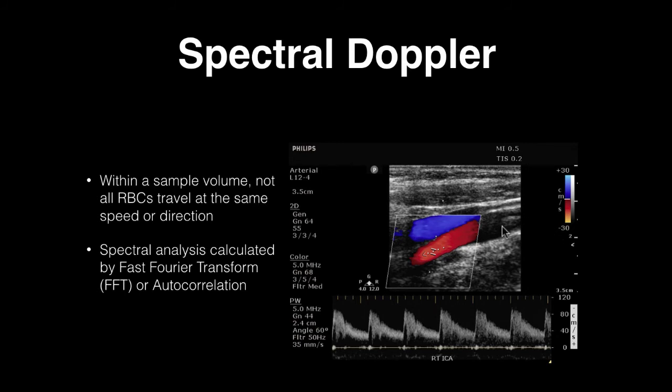Now if you look at this image here, this is referred to as a duplex image because you have both color flow imaging represented as well as spectral Doppler represented. And here you can see that waveform.